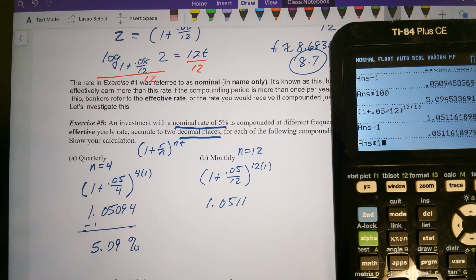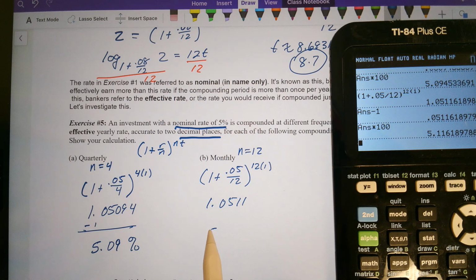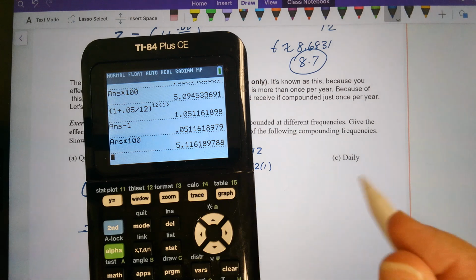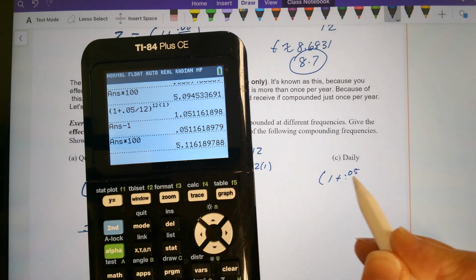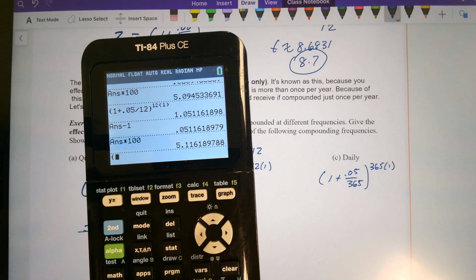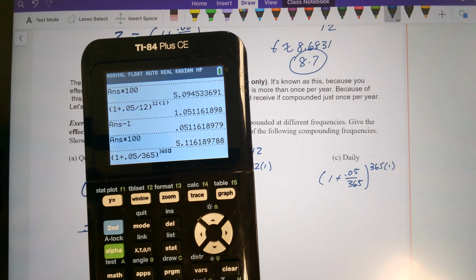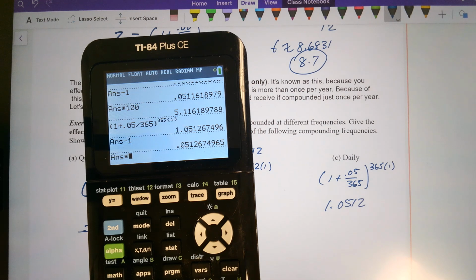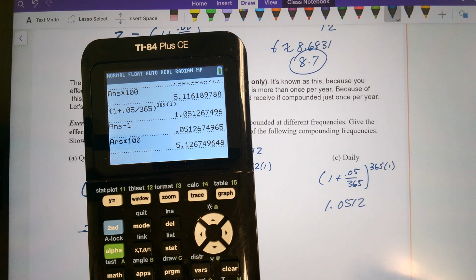Subtract 1 times 100, 5.12%, and if it's compounded daily, 5.13%.